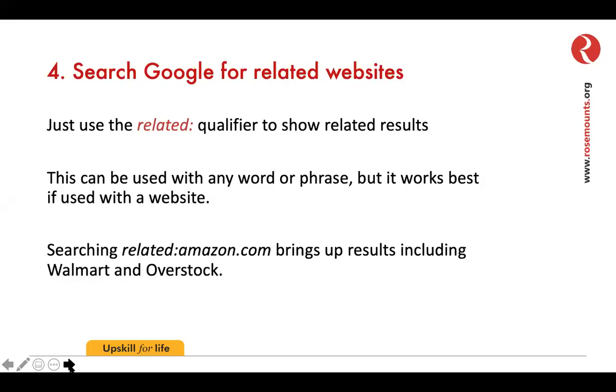But I'm sure there must be hundreds of websites like Aeon, not limited to Aeon. So if I want to look for a website similar to Aeon, I can say related, put a colon, and mention Aeon. And all the websites which are just exactly like Aeon will open up in the search results.